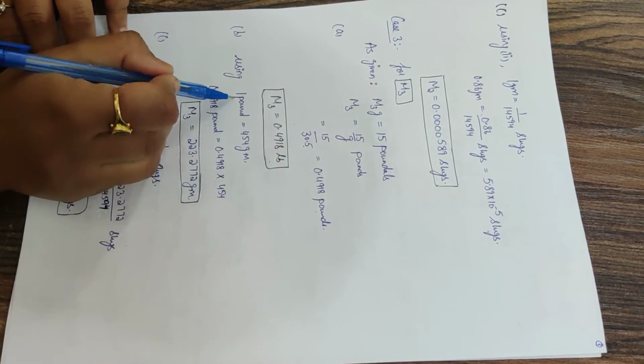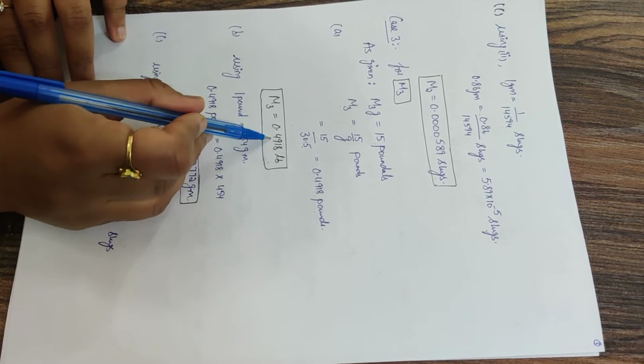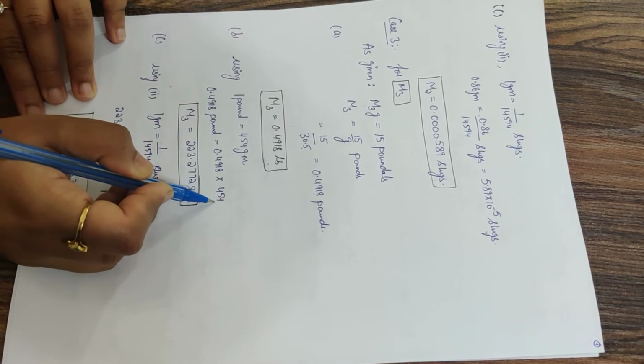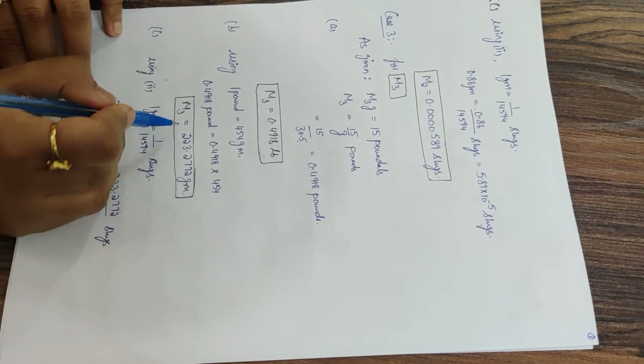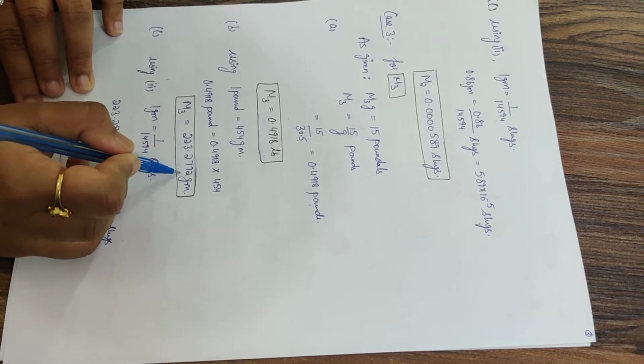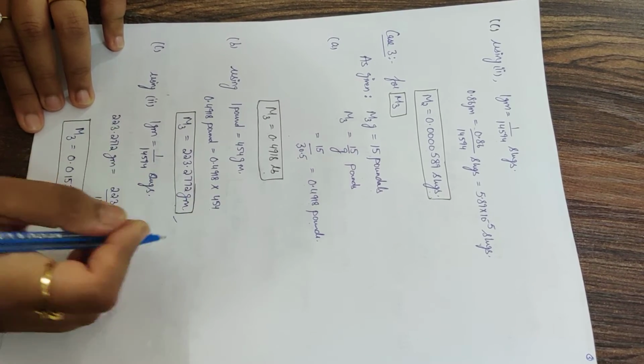Now we know 1 pound is equals to 454 gram. So 0.4918 pounds will be equal to 0.4918 into 454 gram, and m3 is equal to 223.2772 gram. Okay, so we have calculated the value in grams as well.